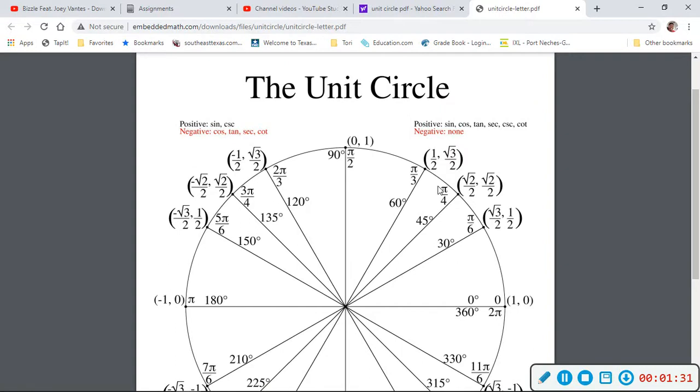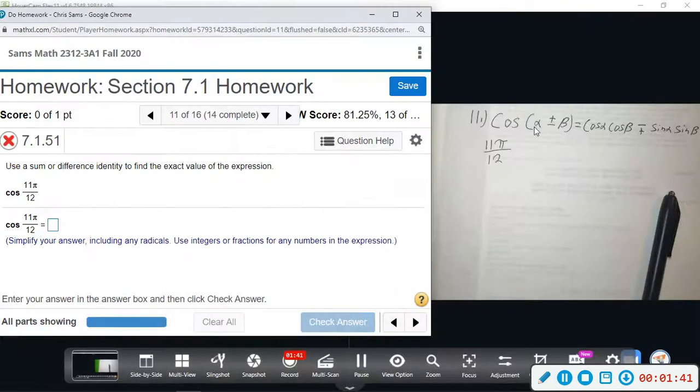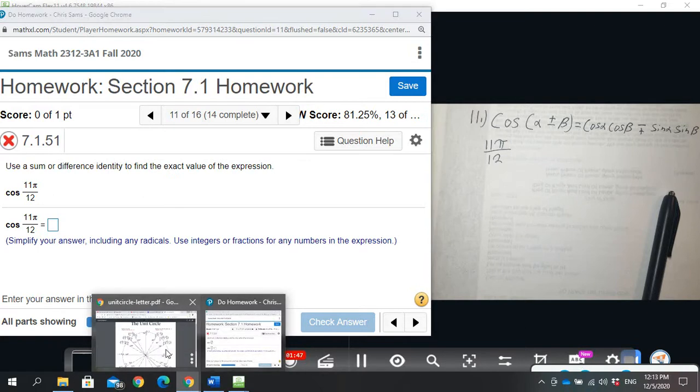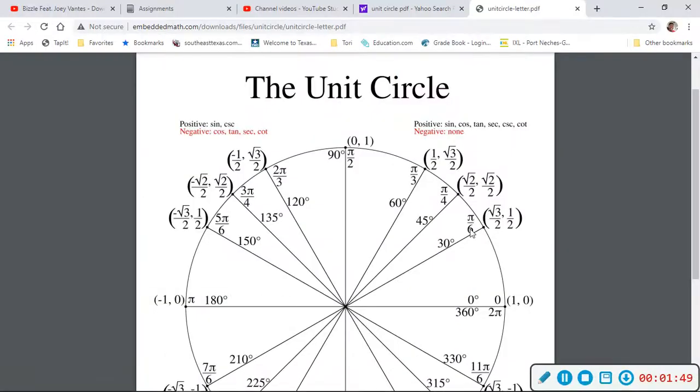So we need to find a way to use these measurements by adding or subtracting them and get something that equals 11 pi over 12. Now, as you will notice, I'm sorry I clicked off too soon, all of the denominators, 6, 4, 3, and 2 are multiples of 12.